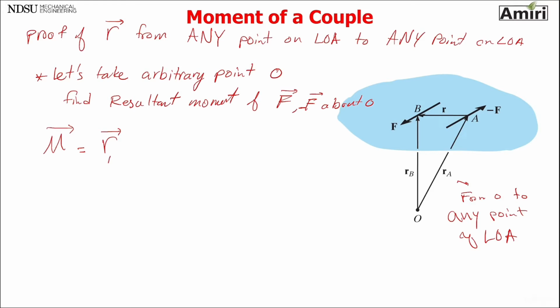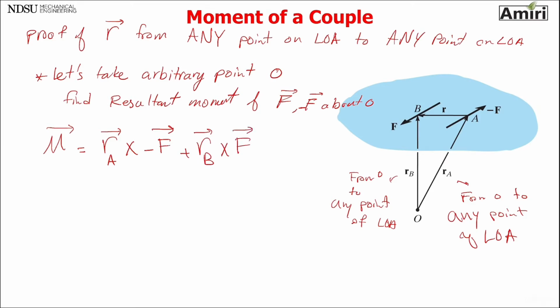Let's call that R A, cross minus F, plus R B, from O to any point on the line of action of the other force, cross F. So let's rearrange this. It's kind of the opposite of the distributive law. I can write this as R B minus R A, cross F.